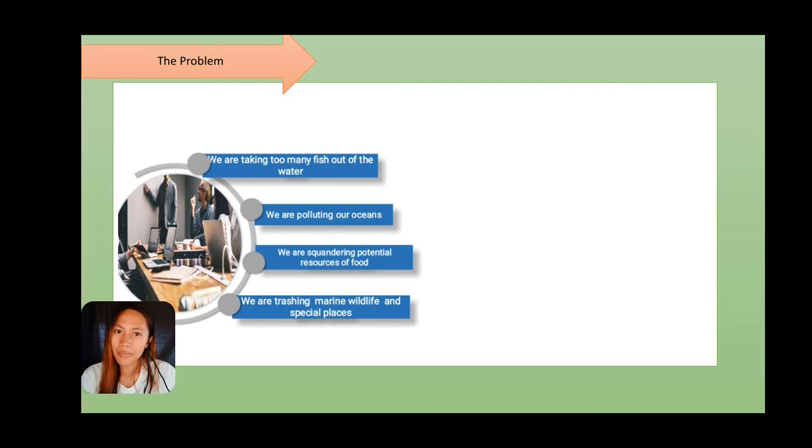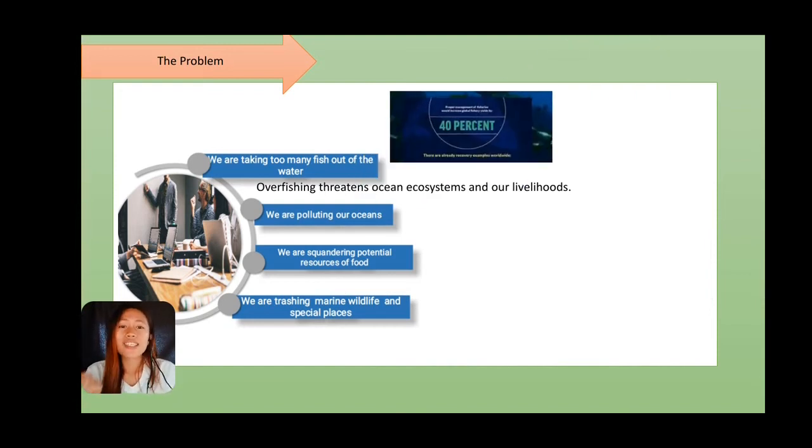So the problem is, first, we are taking too many fish out of the water. Overfishing threatens the ocean ecosystem and our livelihood. This is what we keep repeating: we have overfished the ocean, threatening not just the ocean but also the people's livelihood, because fishing is their only source of income. It's really pitiful.